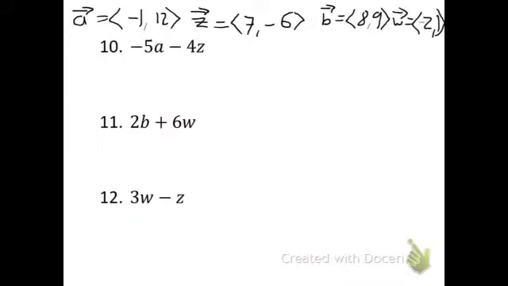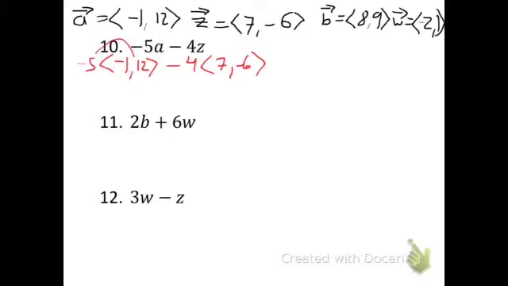Moving on to the next column here, we have to do negative 5a and subtract 4z, so negative 5 times a is negative 5, 60. And then subtract off 4 times z, and z is 7, negative 6.